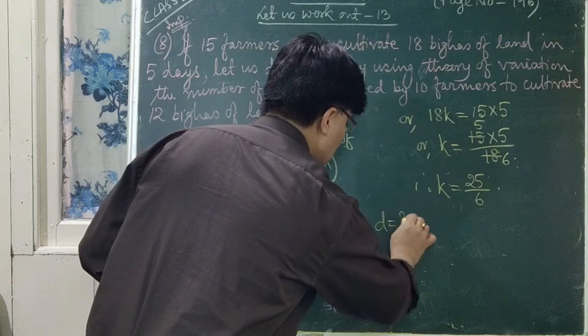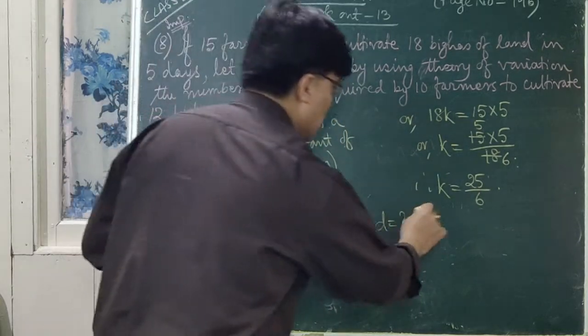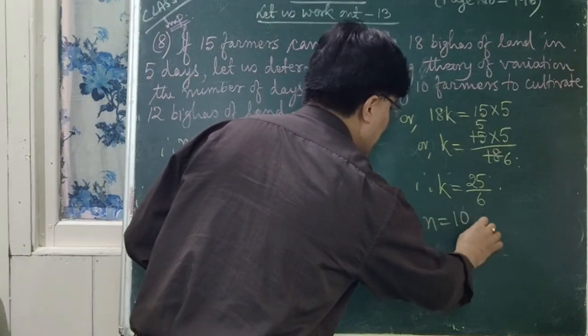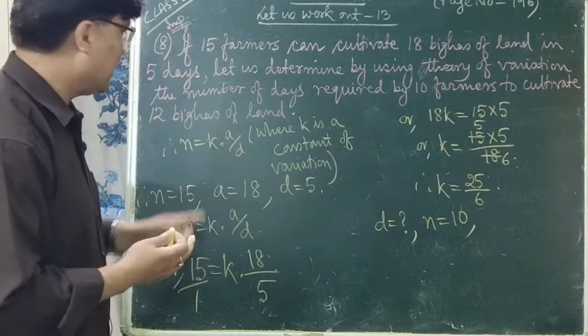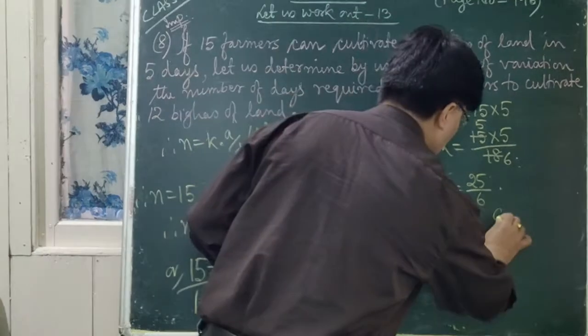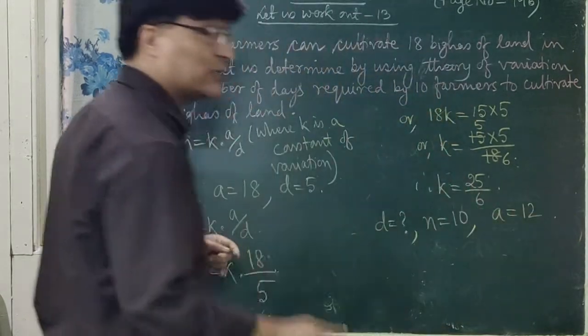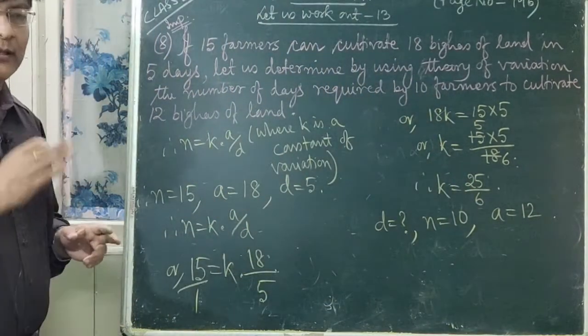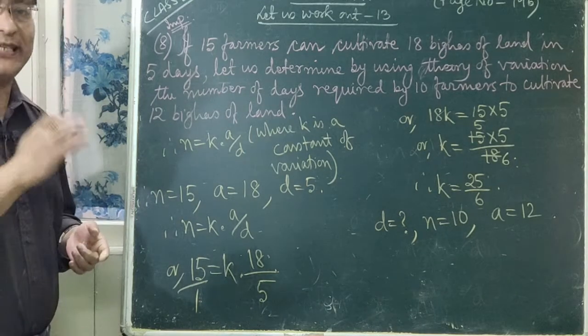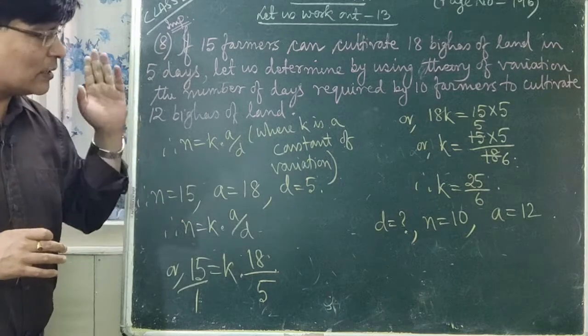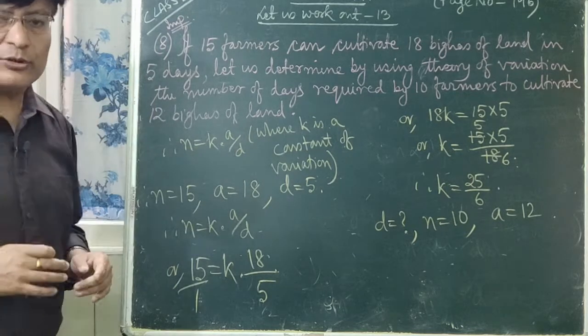D is equal to question mark. Next, how many farmers are there now? N is equal to 10 farmers. To cultivate, what is the area of the land? 12 bighas of land means area of the land is 12 bighas. This 12 bighas of land can be cultivated by 10 farmers in how many days? That is, D is equal to question mark, N is equal to 10 and A is equal to 12.